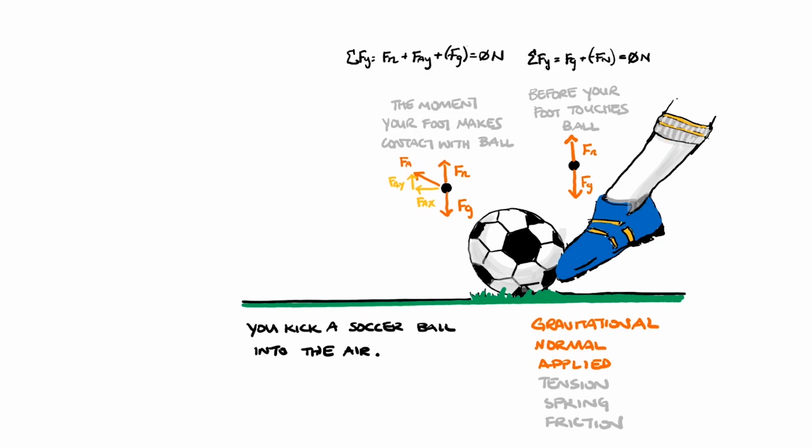If we were to total the horizontal forces, the net force would be to the left, causing a leftward acceleration. We can write this as the summation of horizontal forces equals the x component of the applied force, which cannot equal 0. Altogether, the net force is up and to the left, causing an acceleration up and to the left.